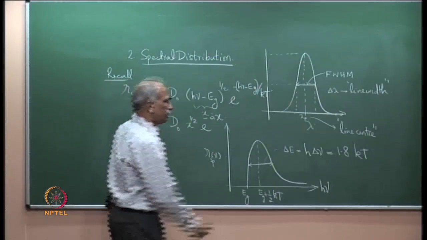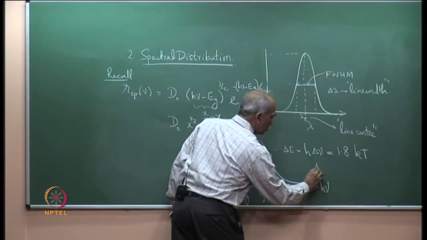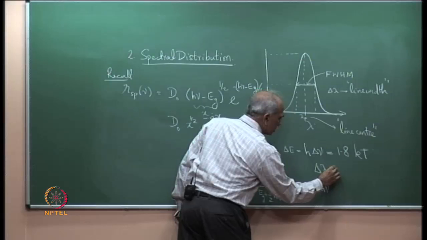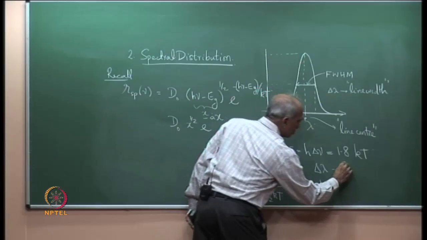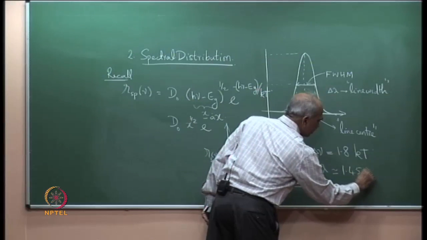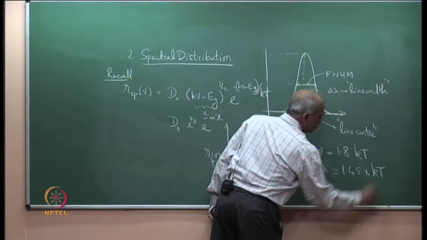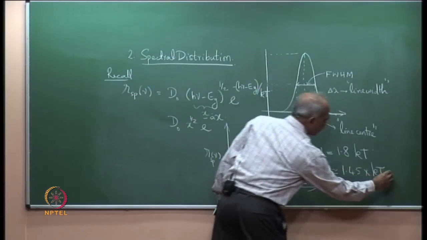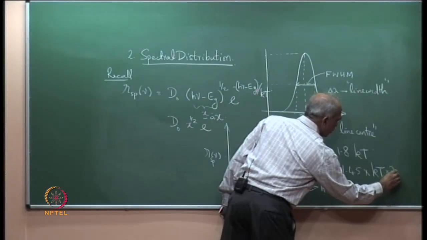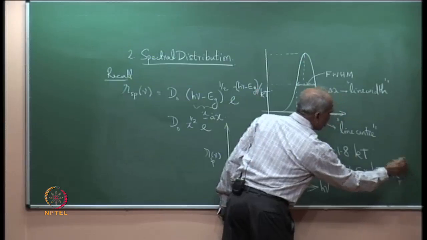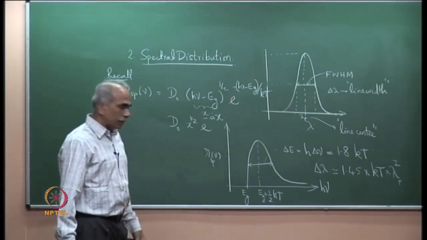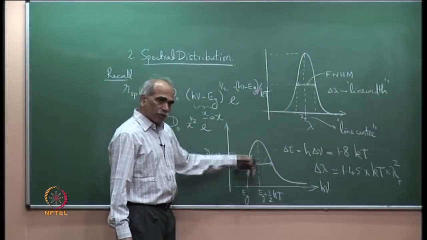From this you could determine delta lambda. So delta lambda is approximately equal to 1.45 into kT into lambda p square. Lambda p was corresponding to this peak.